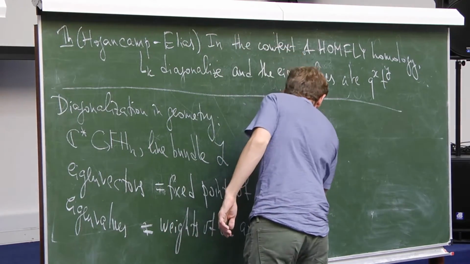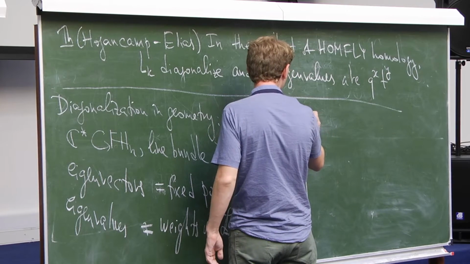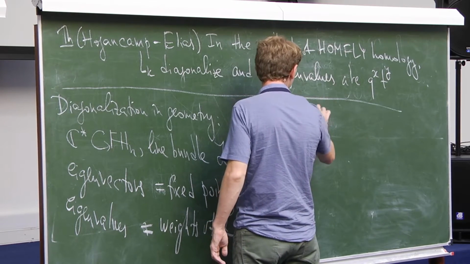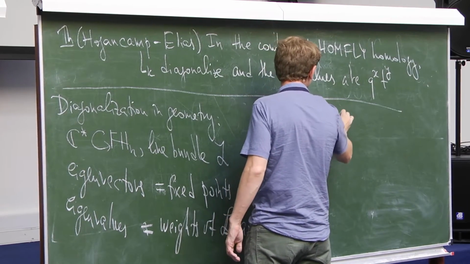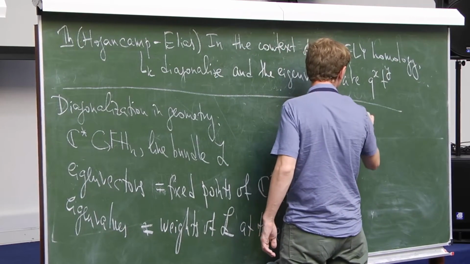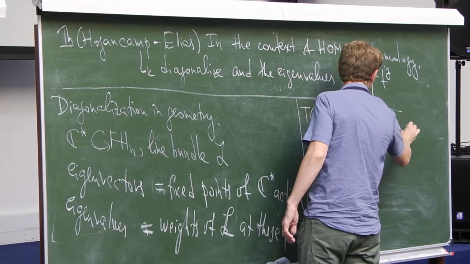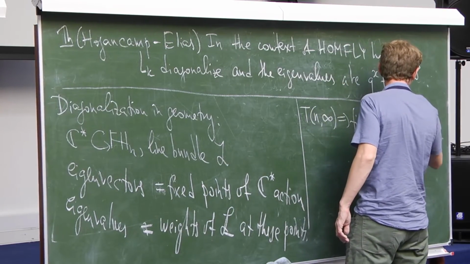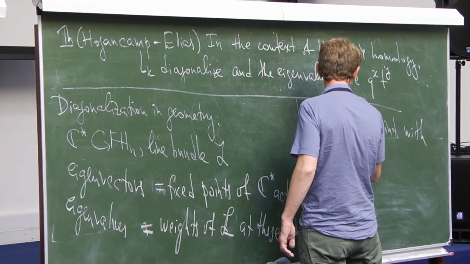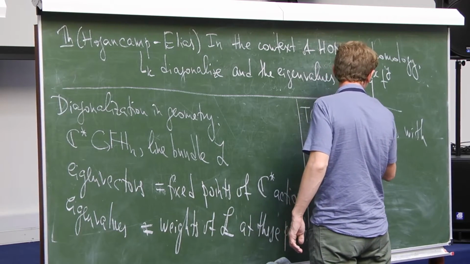And in particular, in our example, if we have this T and infinity, this corresponds to the fixed point with the highest, in some sense, eigenvalue.